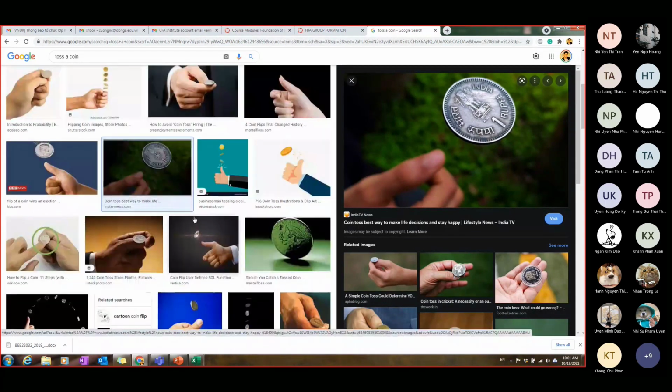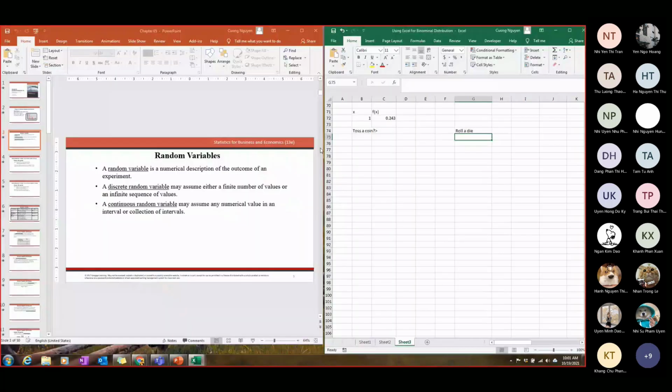So basically, when we toss the coin, the outcome would be just one: either the head, or the tail. And what will be the probability? Anyone can tell me?